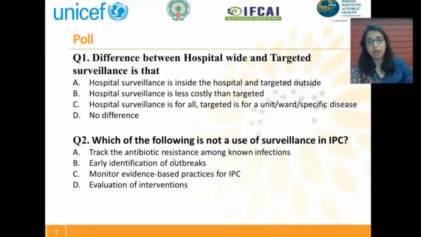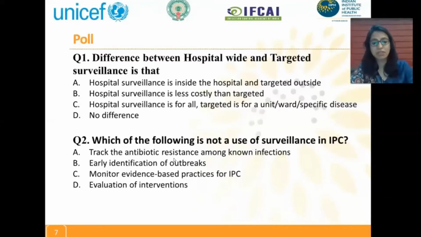Okay, I hope you all have answered, and I'll just give you the answers. Question one is a straightforward answer: hospital-wide surveillance is for the whole hospital, whereas the targeted can be for a specific unit, ward, or any specific disease. Question two, options A, B, C are definitely right because you use surveillance for these measures.